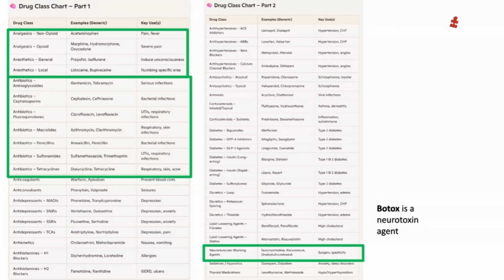So Botox, although it is used for cosmetic purposes, it's also used for a lot of nervous system related illnesses, right? Nerves, neuro. So again, Botox is from the neuromuscular blocking class, and Biaxin is pain. Excuse me, it's not pain. It is antibiotic, and it's found in this section.